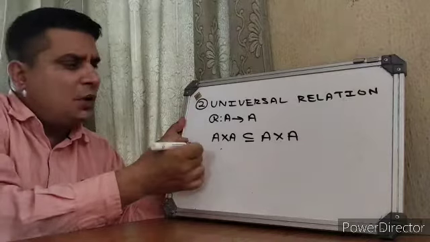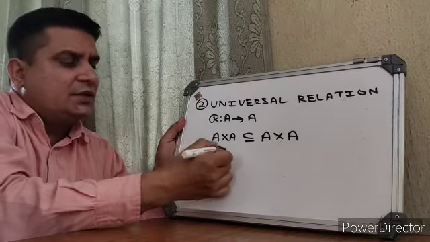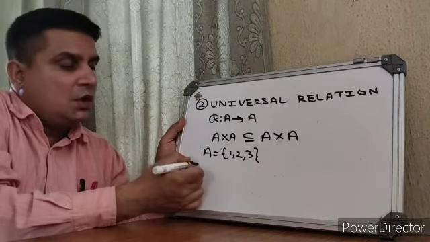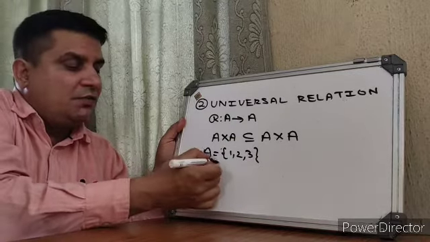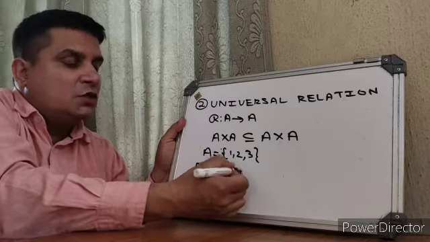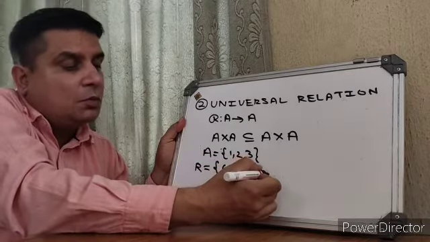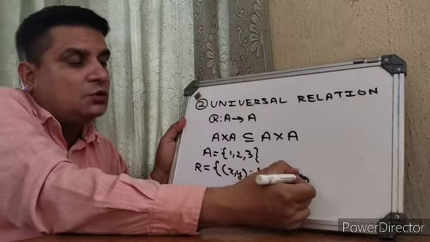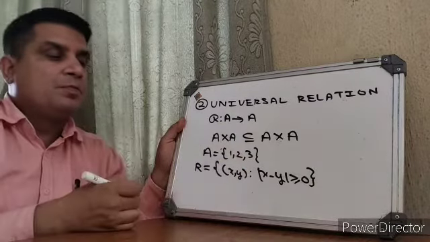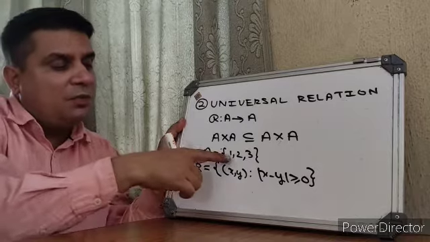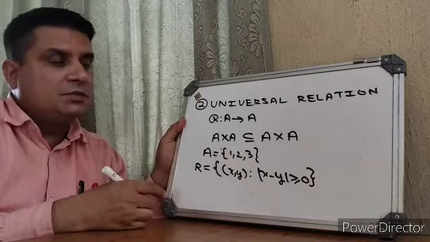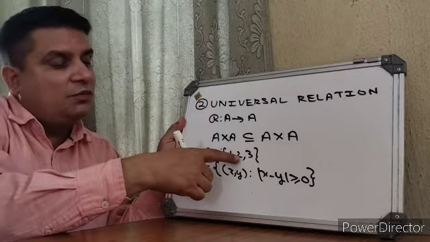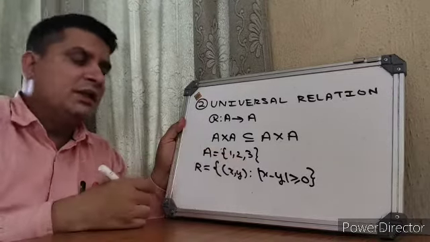We can give an example also. Suppose a set A contains 1, 2, 3, and relation definition is (x, y) such that mod of x minus y is greater than or equal to 0. Then when you form different ordered pairs, the modulus of the difference of two numbers will always be greater than or equal to 0.